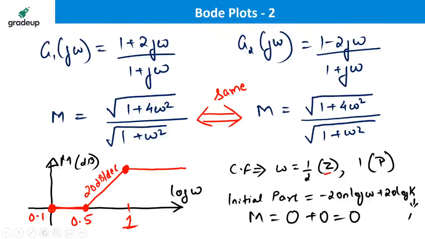Okay, this is the magnitude plot for both the systems. I have two systems, both of them having the same magnitude plot, because the actual magnitude function is the same. So there is absolutely no difference.